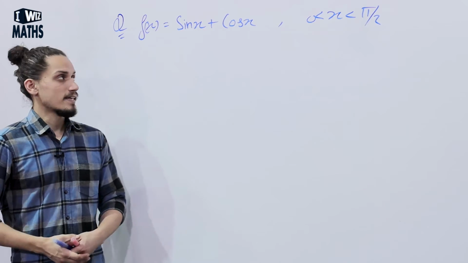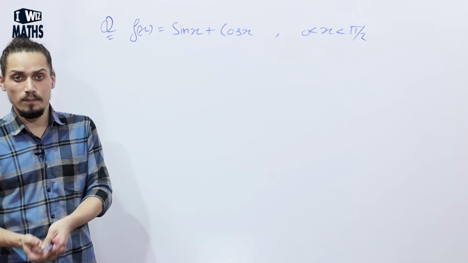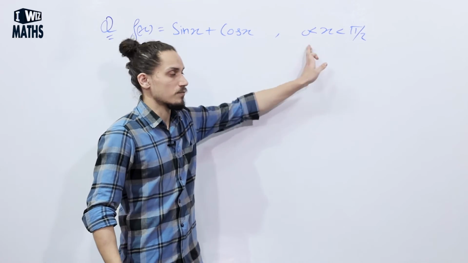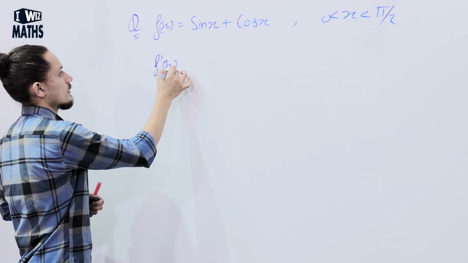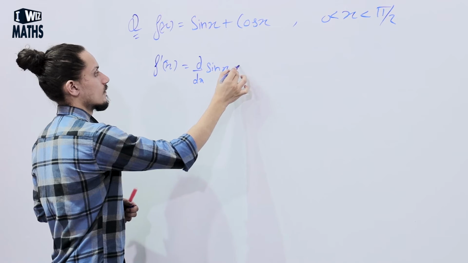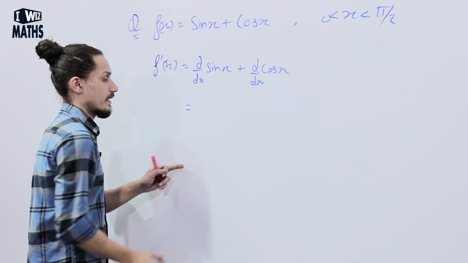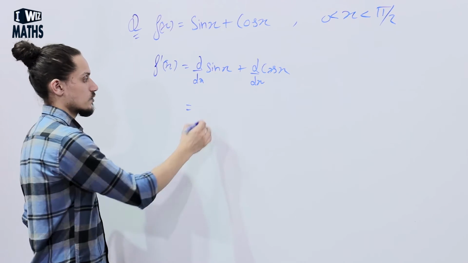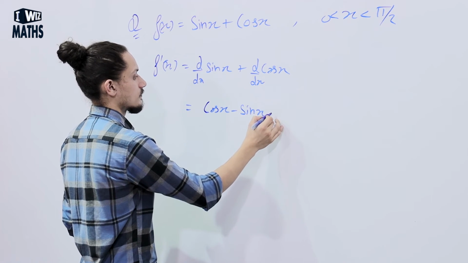Now the next function is f of x is equal to sin x plus cos x, and we have to find its maximum or minimum value in the interval x from 0 to pi by 2. So first step, f dash x is equal to derivative of sin x plus derivative of cos x. Derivative of sin x is cos x, of cos x is minus sin x, so we get cos x minus sin x.